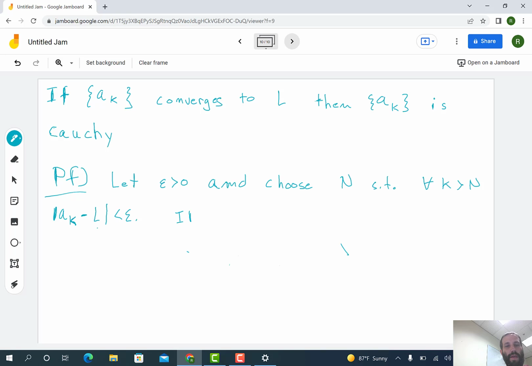So if k and l are greater than n, what I need to show is that |a_k minus a_l| is less than epsilon.